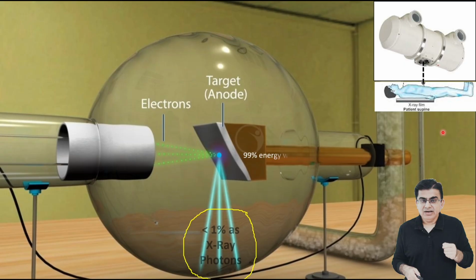The beam has now left the tube and is travelling towards our patient for imaging or therapeutic purposes. Friends, this is all about how X-rays are produced in an X-ray tube. Now I will show you how changing various parameters affects the production of X-rays.